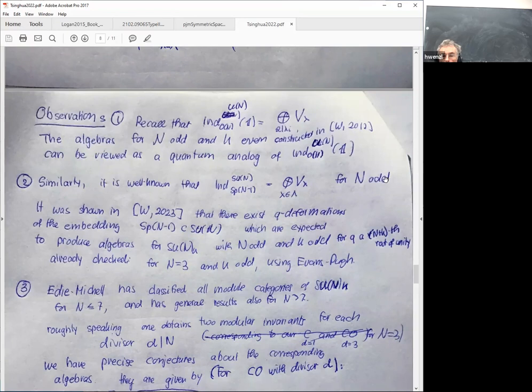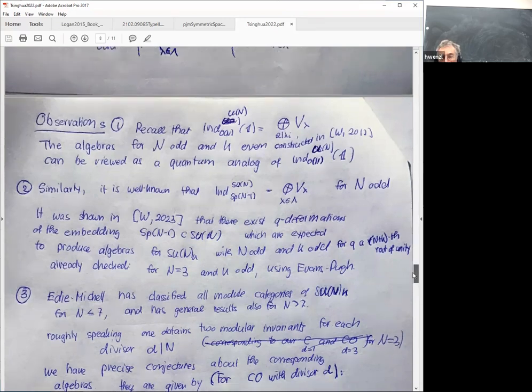Then one could show in this case that this embedding Sp(n-1) into SU(n) also allows a q-deformation, and hence it allows a module category of the quantum group, which is a deformation of this embedding here.